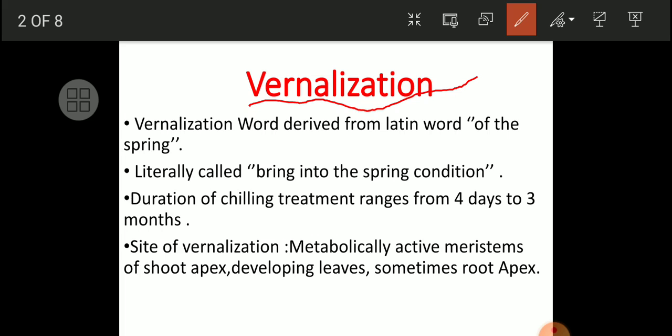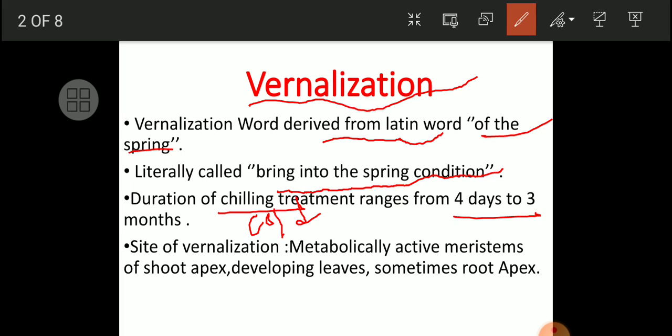the word vernalization is derived from the Latin word for spring. Literally, it means to bring into the spring condition. It also means chilling, that is cold treatment. The treatment ranges from 4 days to 3 months.